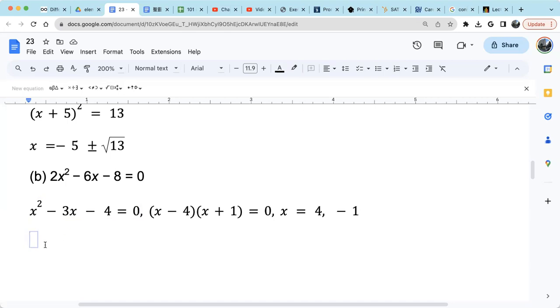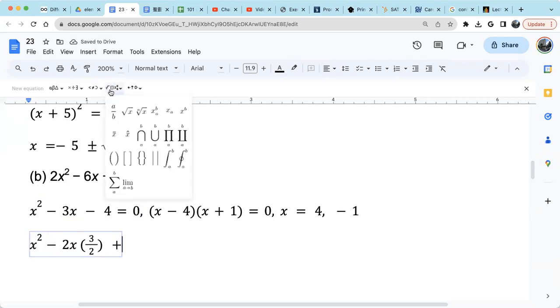We want to rewrite this as x squared minus 2 times a times x. And then do we see 3 over 2? This is a little bit tricky to see. It comes from taking the 3 divided by 2. Then just add 3 over 2 squared, which is 9 over 4.